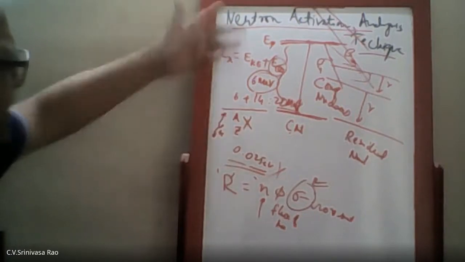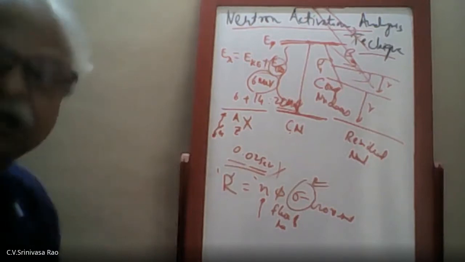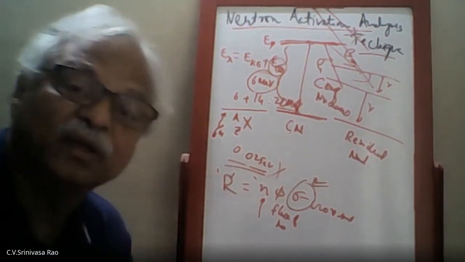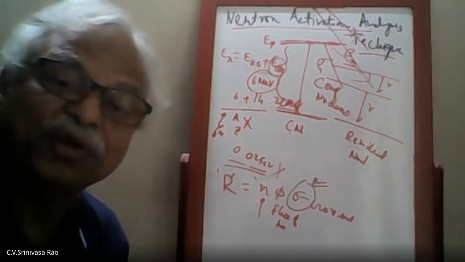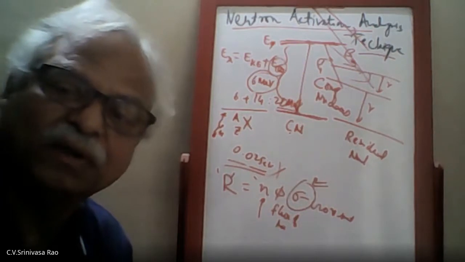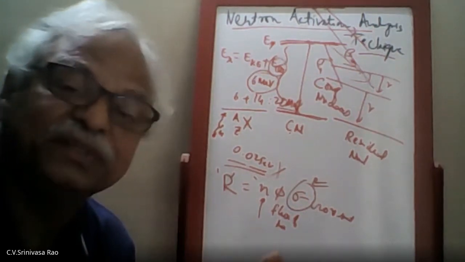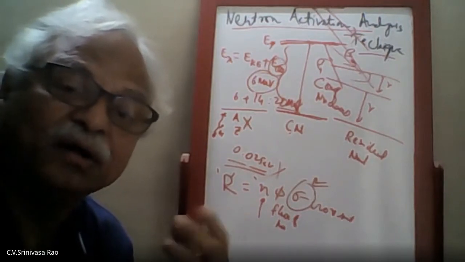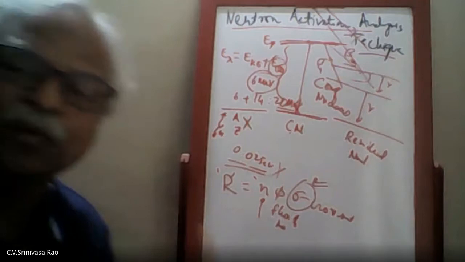This target could be anything, Napoleon's hair or somebody's nail. So this can be used in forensic sciences. I can do neutron activation analysis and get all the information about how the patient died, whether he was poisoned or not, or lots of details about the whole process.